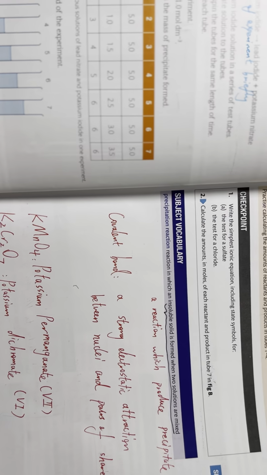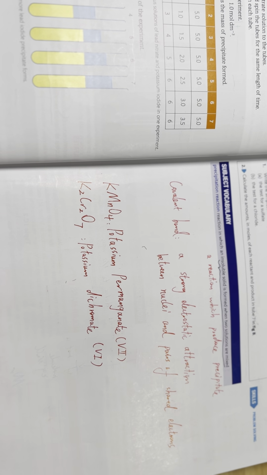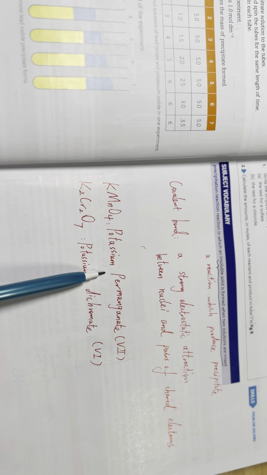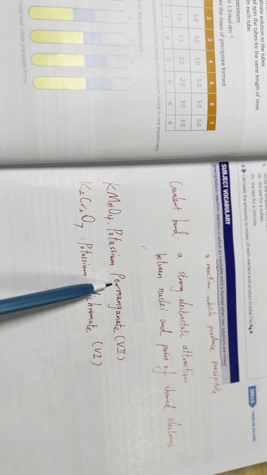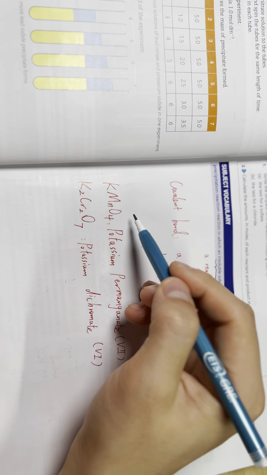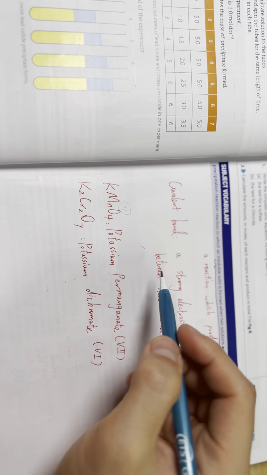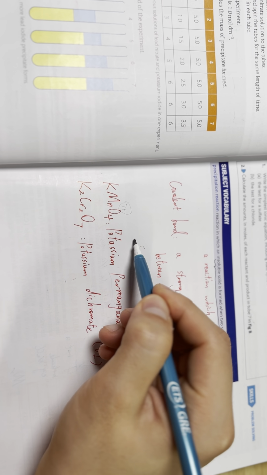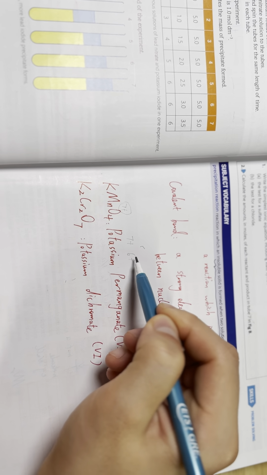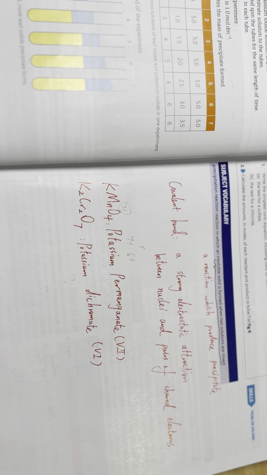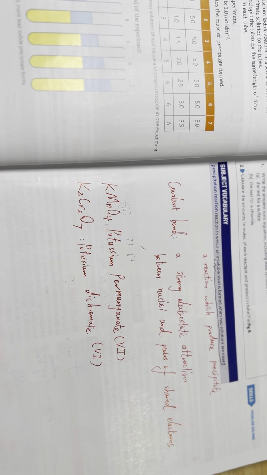Okay, here are two names of reactants that international students have to learn. Potassium permanganate, because the manganese here has a 7 positive oxidation state. The higher the oxidation state, the stronger the oxidizing agent, so this is a very strong oxidizing agent.